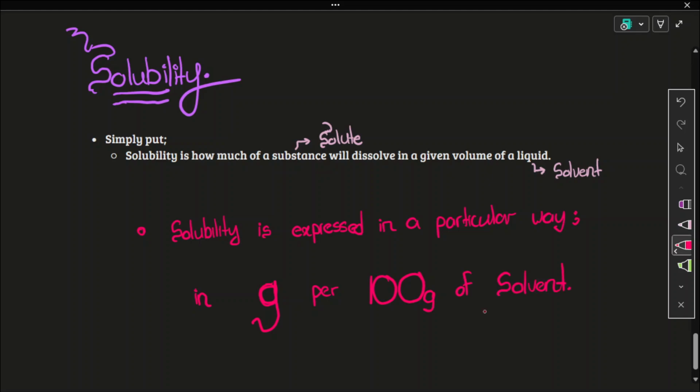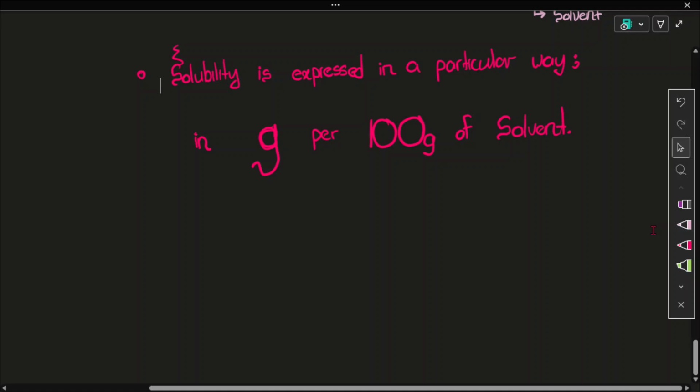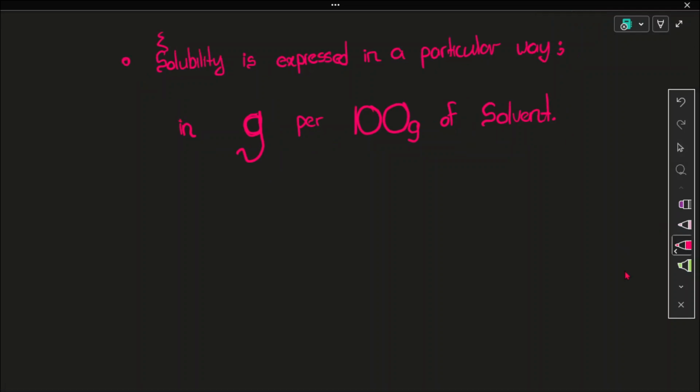Solubility is expressed in this grams per 100 grams of solvent form. What in the world is that? That is exactly what we are about to learn right now. So peep this. I mean simply look at this, and this is the explanation.